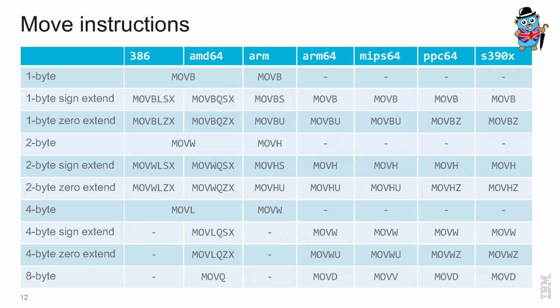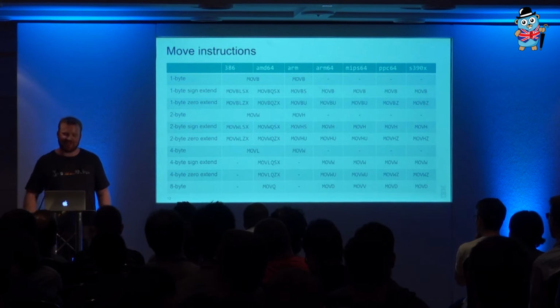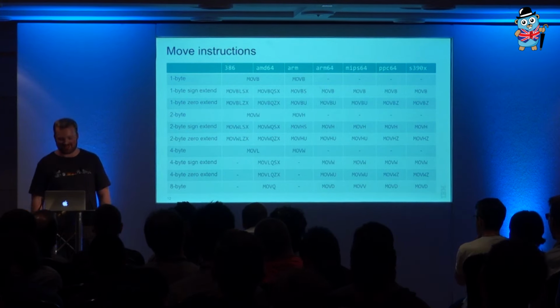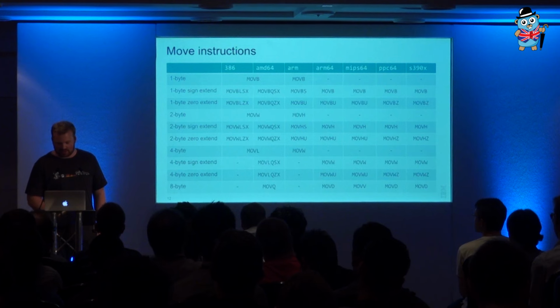But you'll see, for example, that on ARM64 and MIPS, they use U for unsigned, whereas on PowerPC, they used Z for zero extend, and then on AMD64, they used ZX for zero extend. So yeah, I guess there was some talk about kind of condensing this into like MOV2, MOV4, and things like that, which probably would make more sense. But in case you are trying to convert between different assembly languages, take a look at this, and it might help out with trying to understand what's really going on.